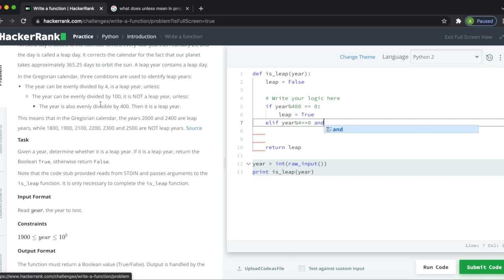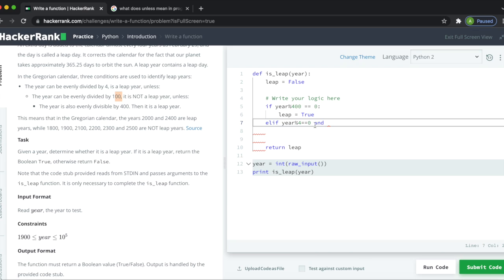And I already told you that whenever there is a word called unless, make sure all this logic together satisfies. And the next thing is year can be evenly divided by 100.